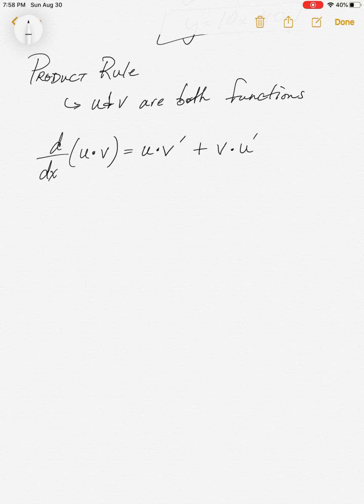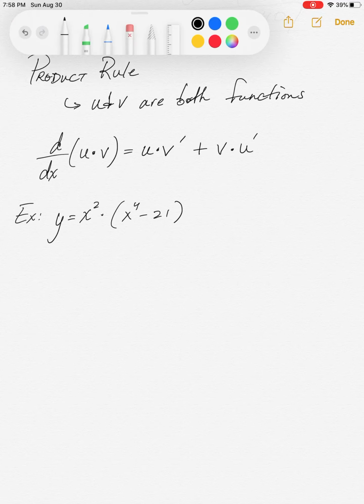Okay? So let's go ahead and jump in on an example right quick. Let's say we have y equals x squared times x to the fourth minus 21.